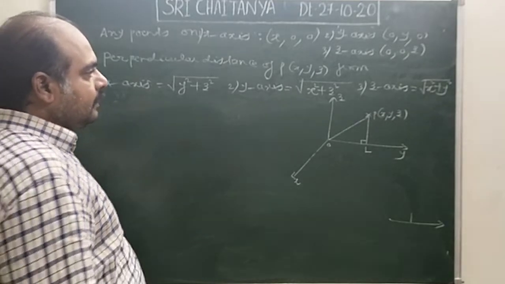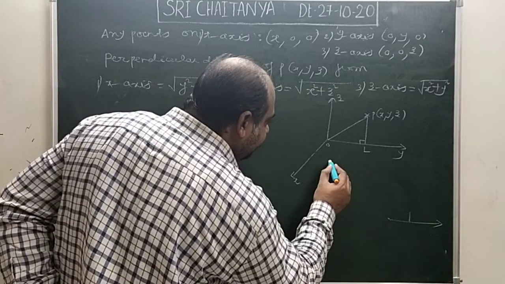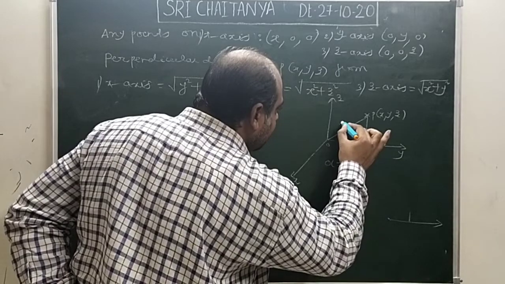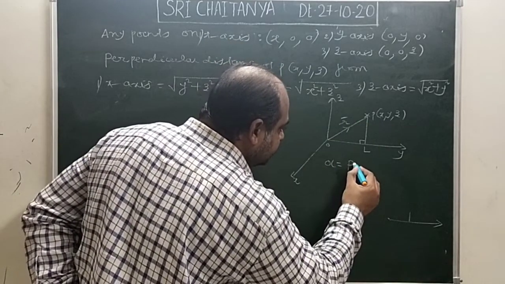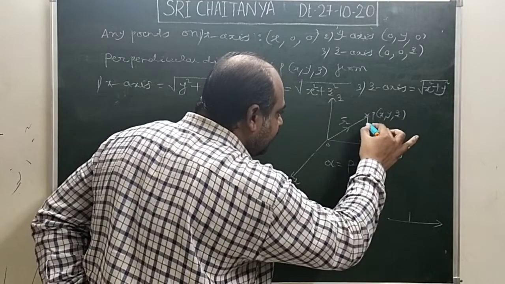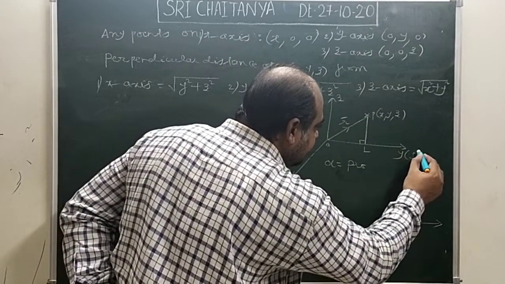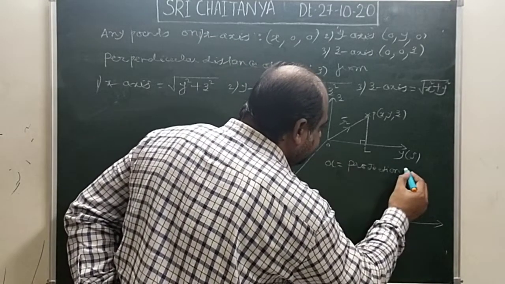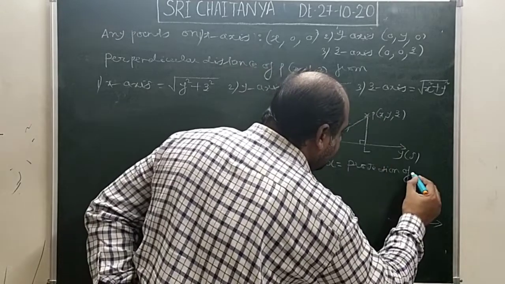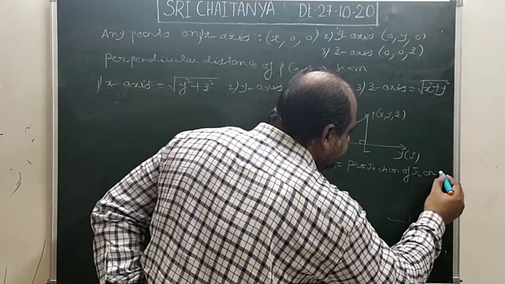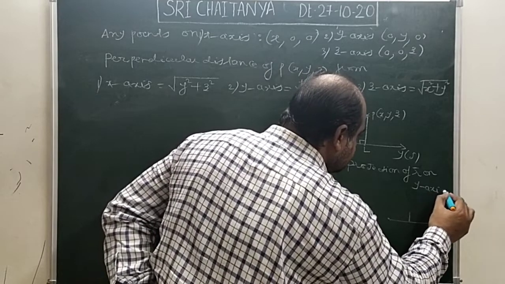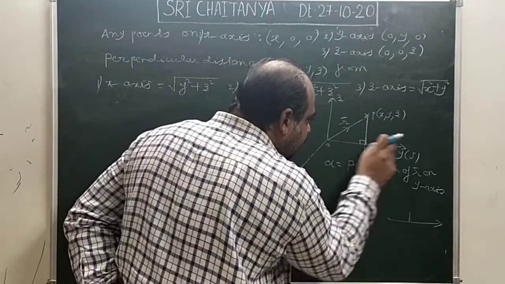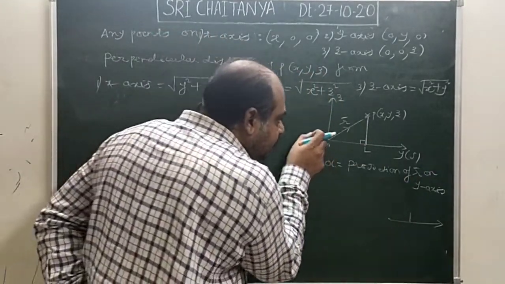Now look at it. This OL you can calculate. Let us say this vector is R bar. From here on this line, in this direction j cap will be there. This length is the projection of R bar on the y-axis. That is R bar dot the unit vector along this line.